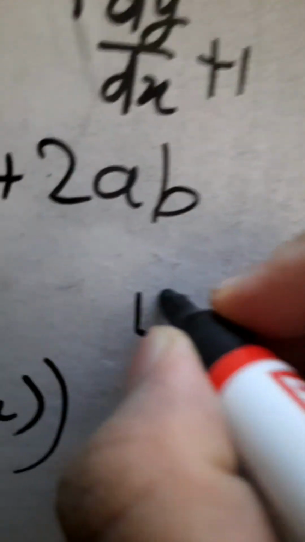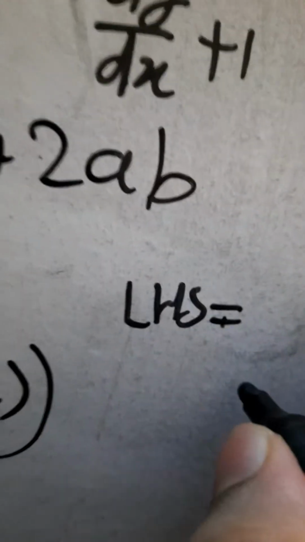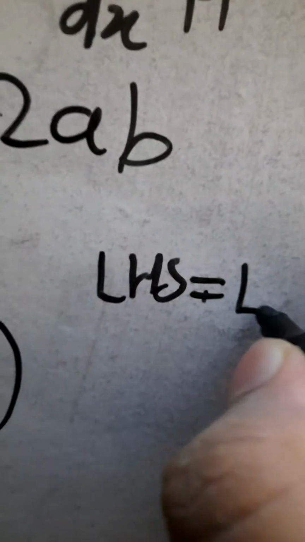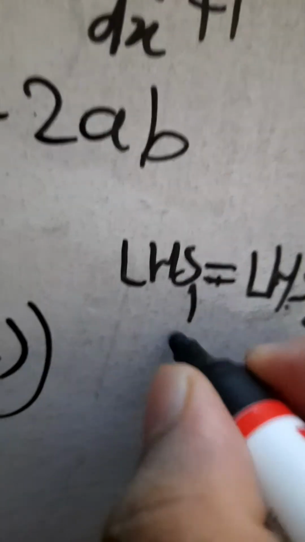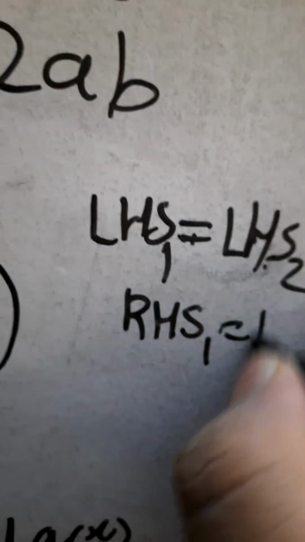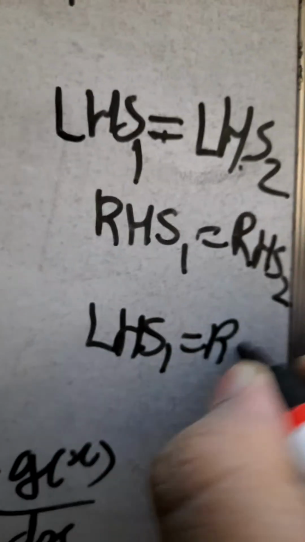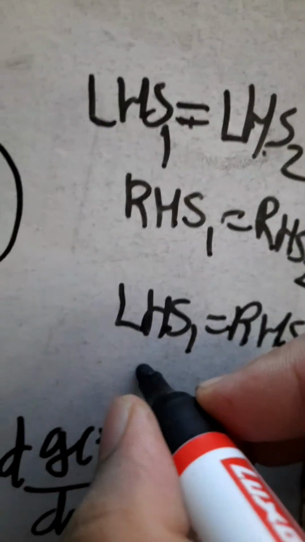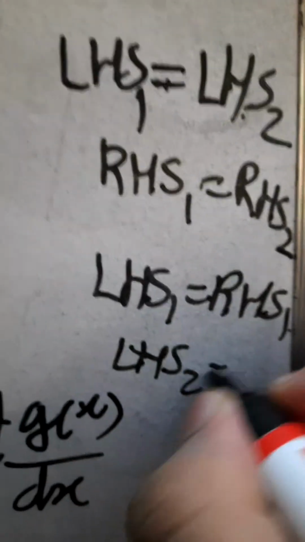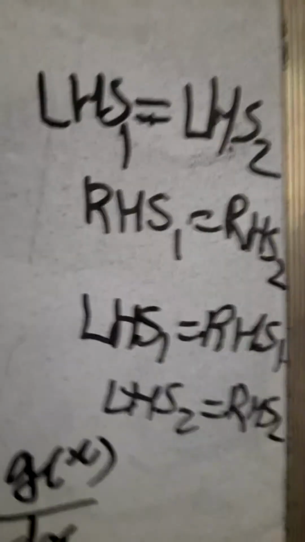If LHS1 equals LHS2, then RHS1 equals RHS2. If two equations are there, LHS1 equal to RHS1 and LHS2 equal to RHS2, right? It is like common symmetry, right?